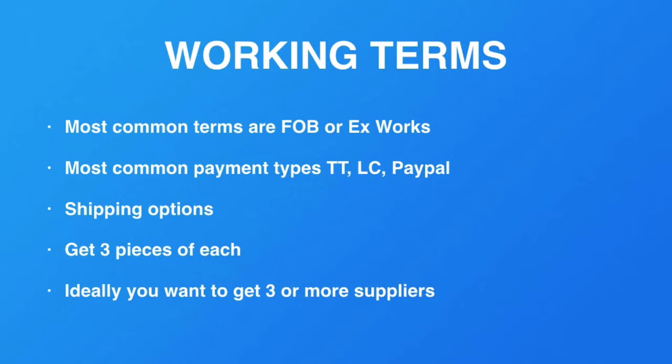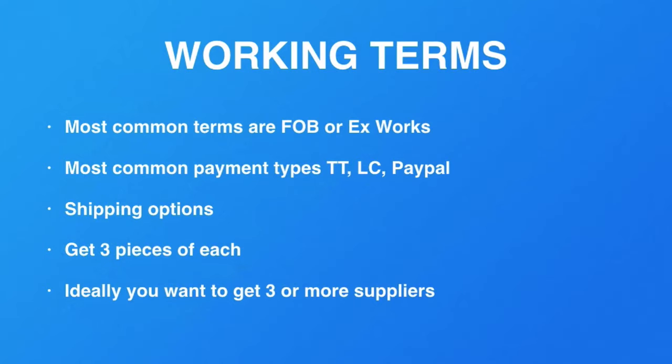All right, so let's talk about working terms. Most common terms are FOB or EXW when you are dealing with China, especially with smaller orders. And the most common types of payments are TT, which is wire transfer, or letter of credit.